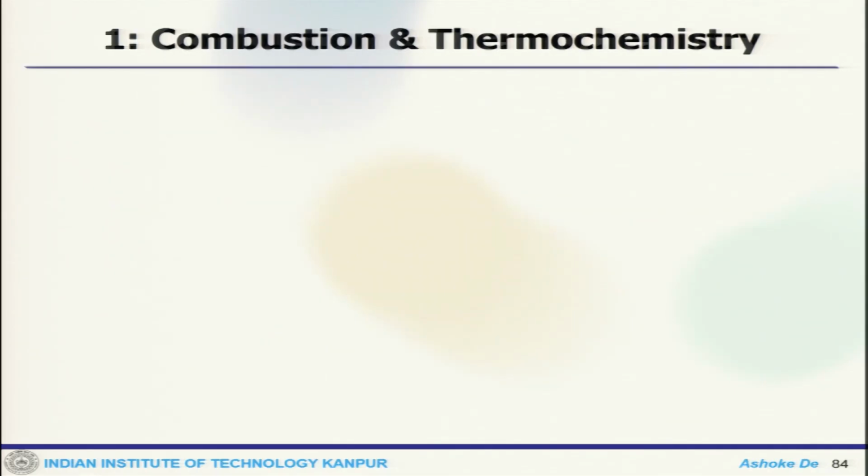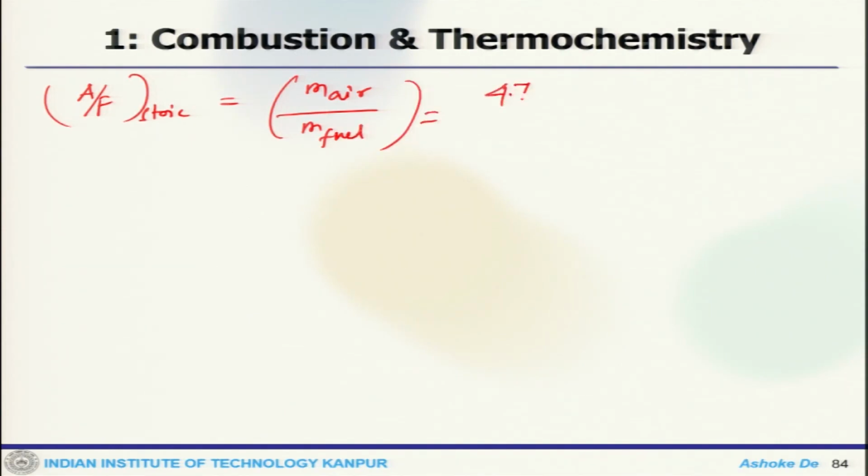So, you can find out the stoichiometric air-fuel ratio, which would be m air by m fuel, that is 4.76 A times molecular weight of air by molecular weight of fuel.